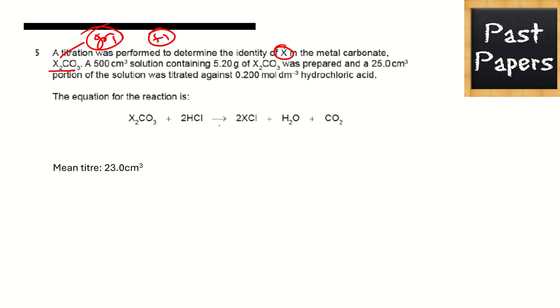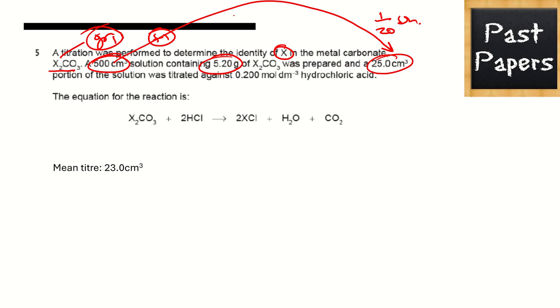We've got a 500 cc solution, and in that it contained 5.2 grams of X2CO3. We then titrated against hydrochloric acid, but we only titrated 25 cc's of it. So in other words, whatever volume I had made up originally, I am only going to titrate 1/20th of that volume.